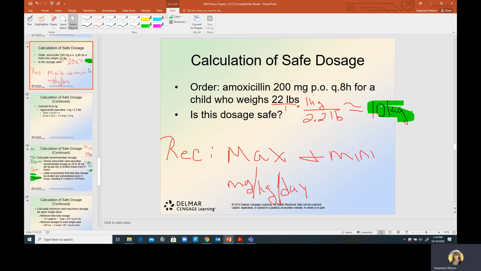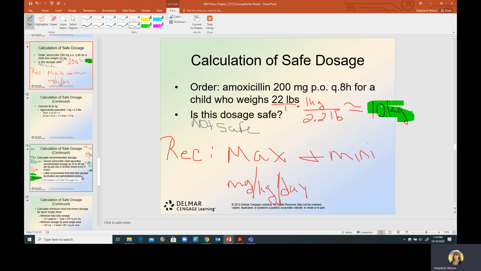And we noticed the doctor prescribed 200. So the answer to this is it's not safe. And you would say more than not safe. You would say it exceeds the maximum, or is greater than the recommended maximum amount this person can take.